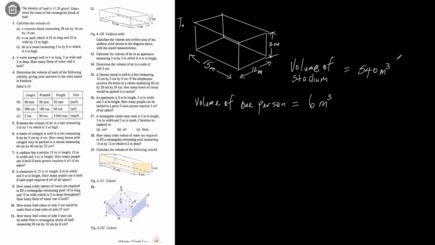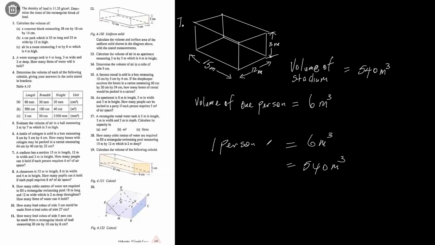So how many persons will fit? So 540 divided by 6. We're saying 90 persons, sir. Meter cube. So 540 meter cube.